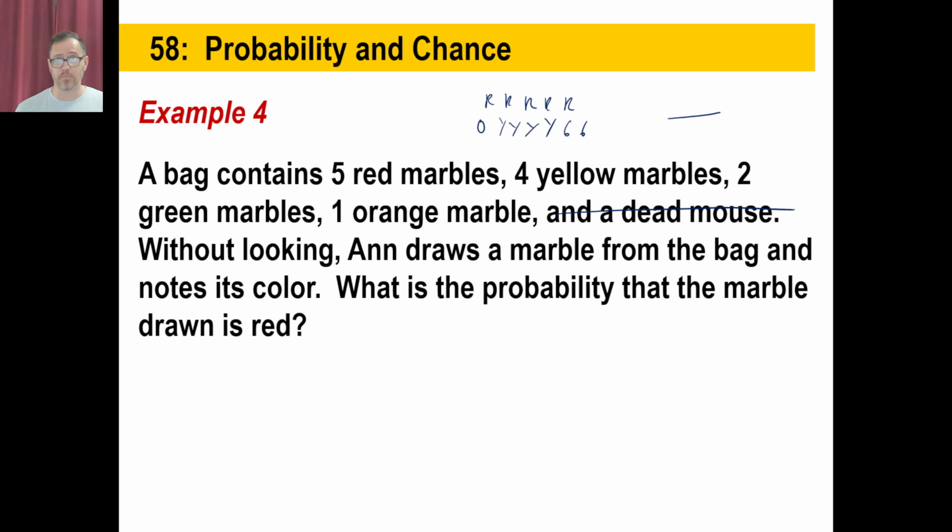The total possibilities is what you put in the denominator. So the number that's right is red, right? So there are 5 reds. 1, 2, 3, 4, 5. That's what goes on top. The total number, so 5 plus 1, 6, 7, 8, 9, 10, 11, 12. There we go. So the chances of Anne drawing a red marble are 5 out of 12.